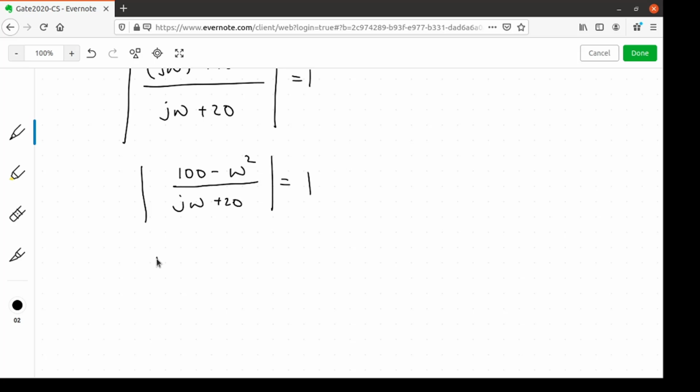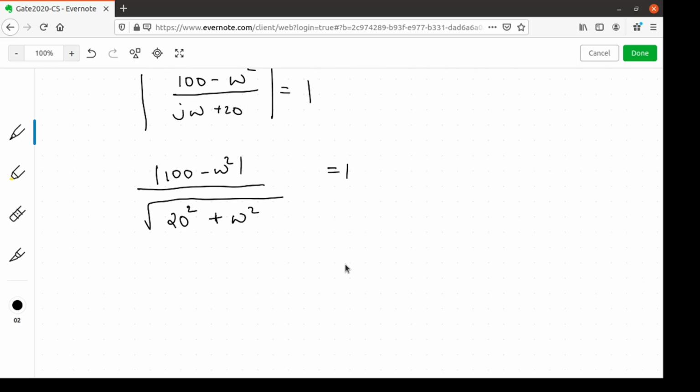This will be equal to (100 minus omega squared) divided by the magnitude of the denominator, which will be root of (20 squared plus omega squared), equals 1. Now we'll cross multiply and we'll get 100 minus omega squared equals root of (20 squared plus omega squared).